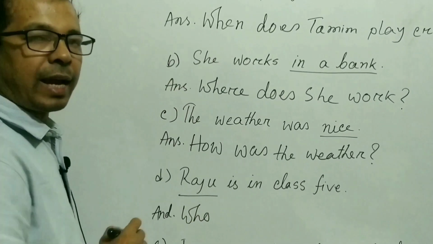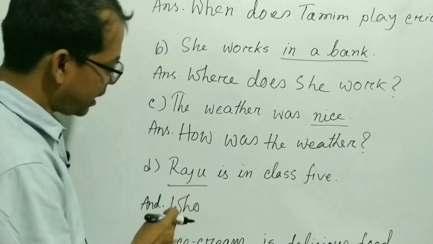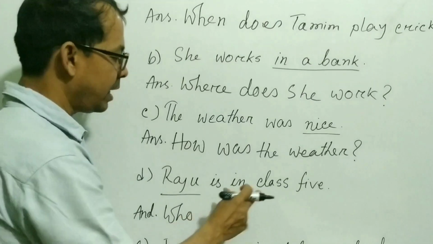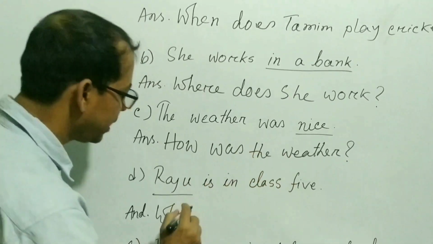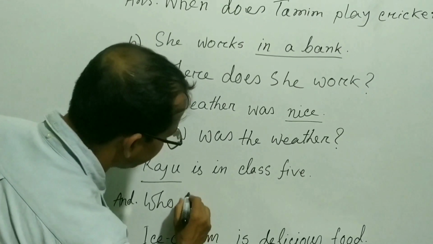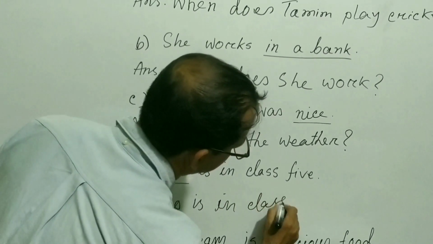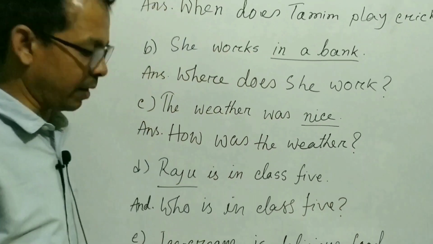And I also said that if the WH word is used instead of the subject, then the other words of the sentence will be written. Okay, so right here, who is in class 5, then question mark will be given.